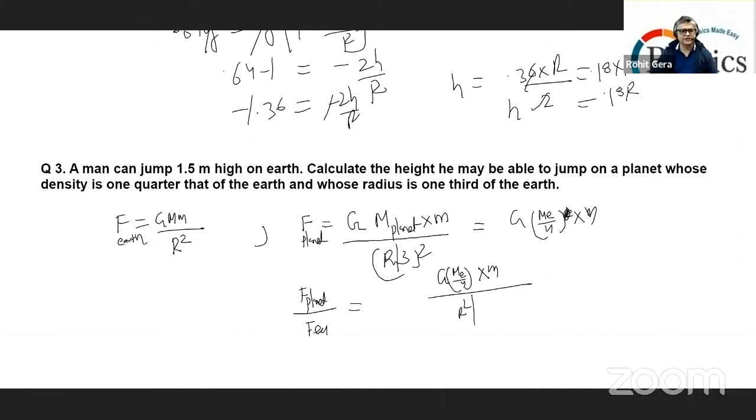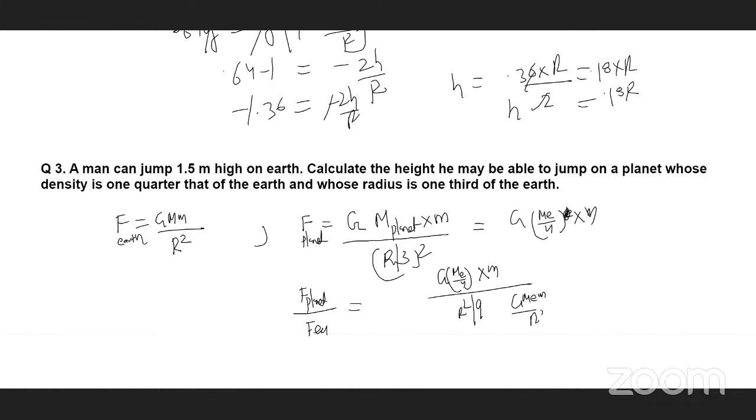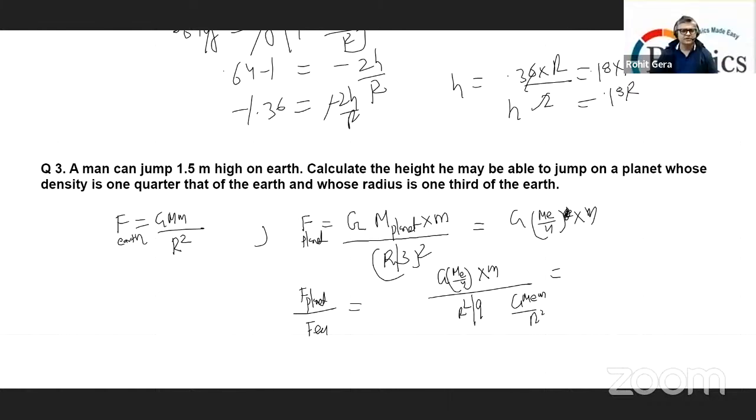R² by 9 डिवाइडेड बाय G M m/R², राइट? तो ये सब कट जाएंगे बाकी, और सिर्फ रह जाएगा 9/4. तो at that planet the gravity is 9/4 the gravity of Earth.